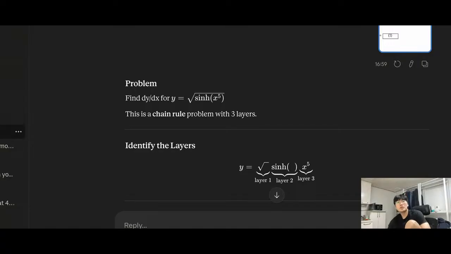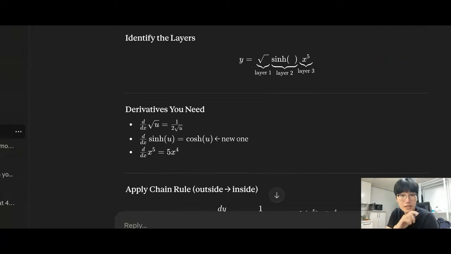This is a chain rule problem with 3 layers. So identify the layers: layer 1, layer 2, and layer 3. So square root is layer 1, sine h is layer 2, and x to the power of 5 is layer 3. Derivatives you need: d over dx.